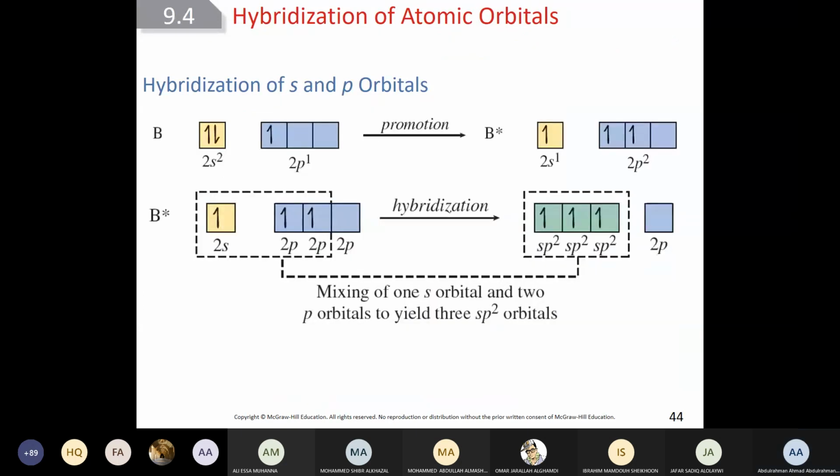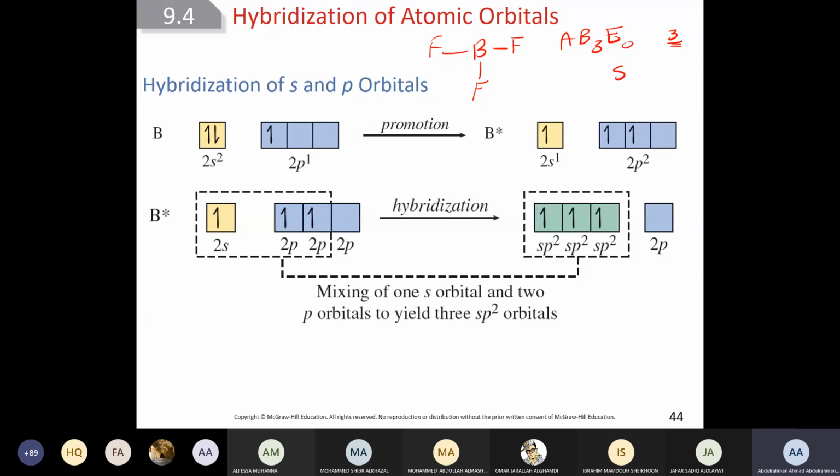Good. Let's look at BF3. What's the electron domain? AB3E0. What's the total? The total is 3.